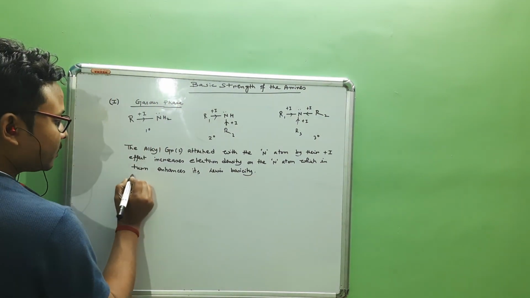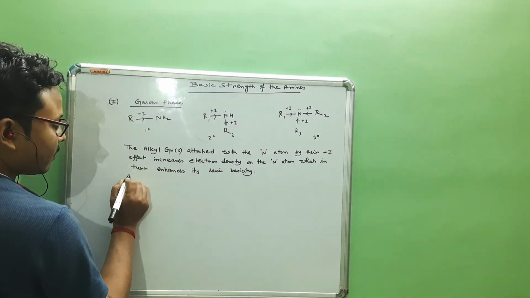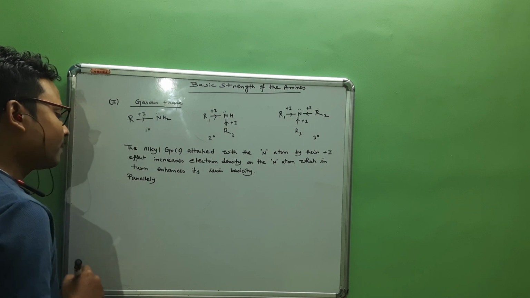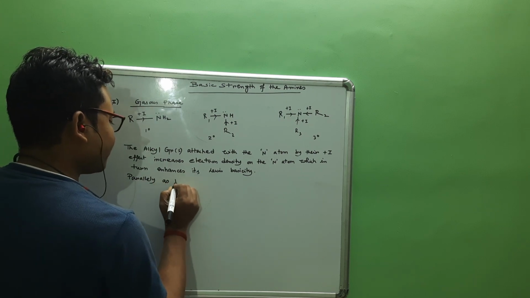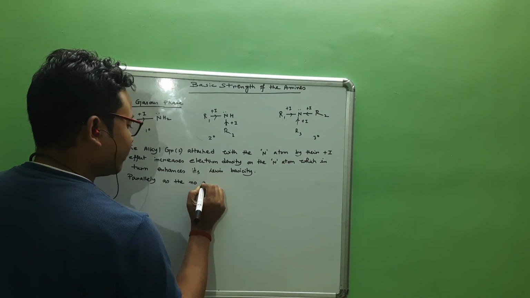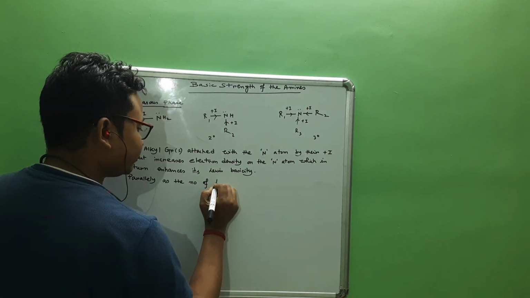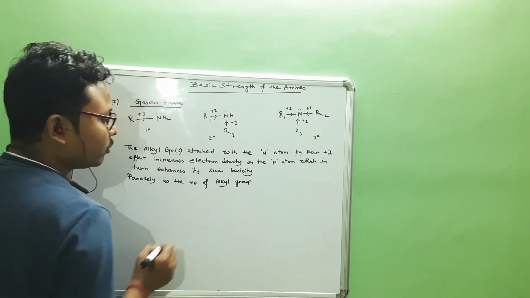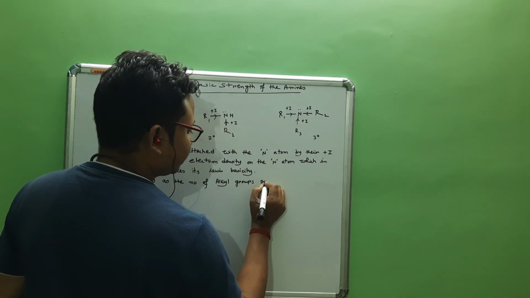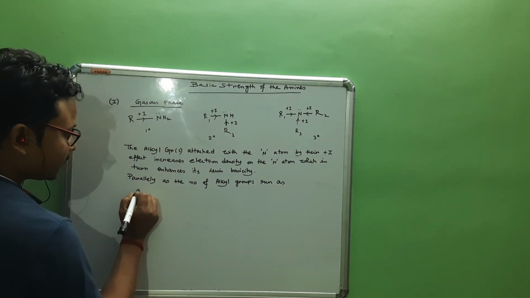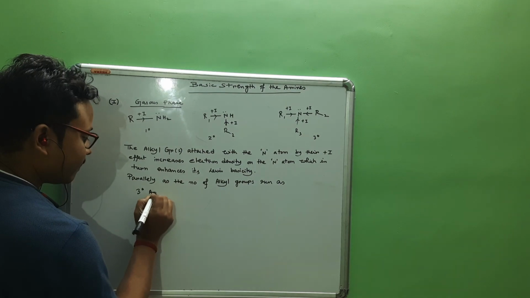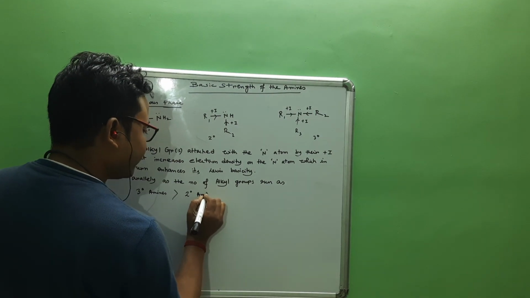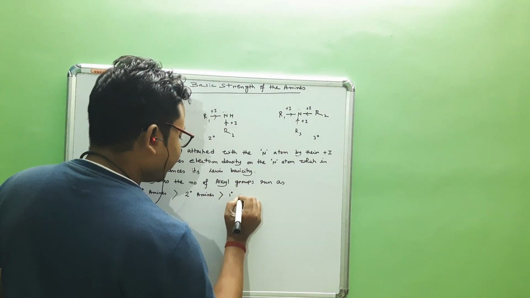Okay, so parallelly, as the number of alkyl groups increases, basicity runs as 3 degree amines greater than 2 degree amines greater than 1 degree amines.